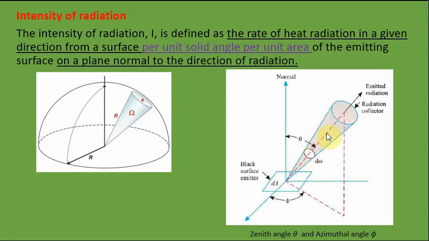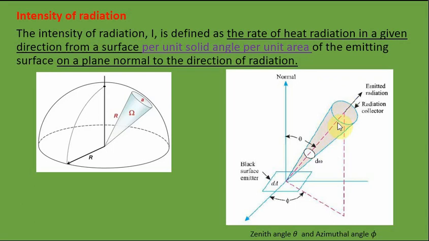from a surface, per unit solid angle, this solid angle is unit, and unit area of the emitting surface, that emitting surface dA area is unit or 1 meter square, on a plane perpendicular to the direction of radiation.